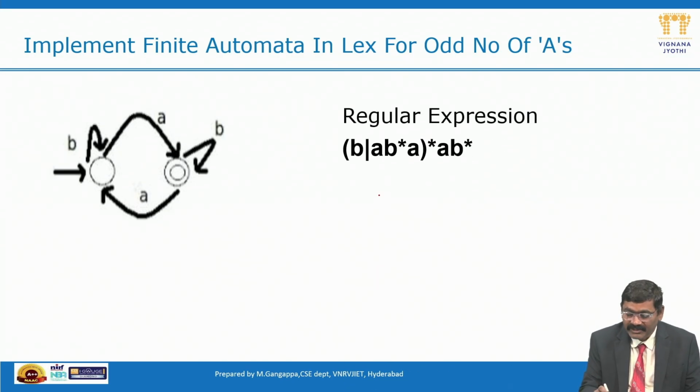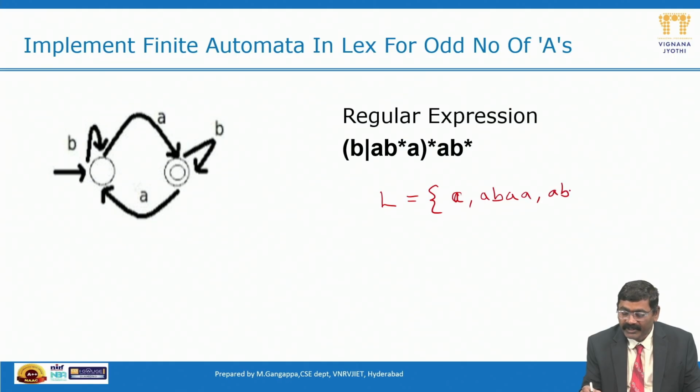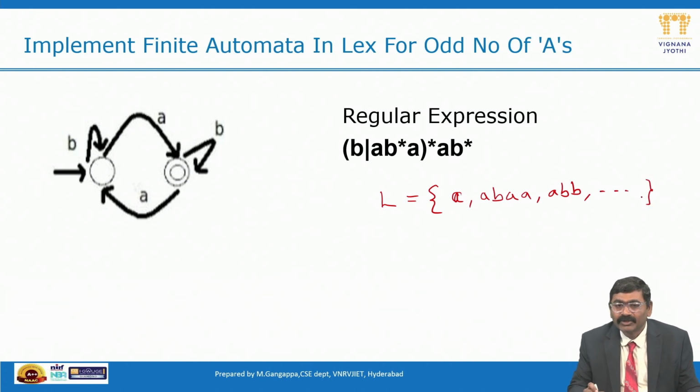First we should take the language L. In that language we should recognize either a single A, or AB, or ABA, ABB, and so on. Means in this language we should recognize only the odd number of A's. Here there is no restriction for the B's, so you can take any number of B's.